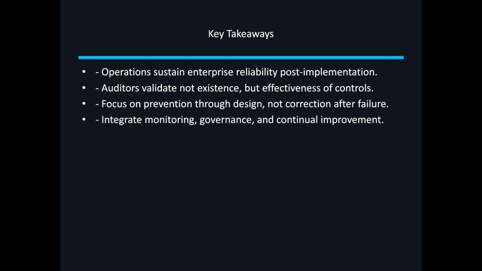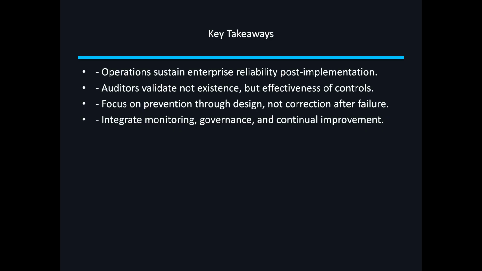Continuity planning guarantees survival during crisis. Auditing validates evidence of all these processes. Okay. So the auditor's goal is not just to verify the existence of operational controls, but also to evaluate their effectiveness, traceability, and alignment with the business continuity objectives.